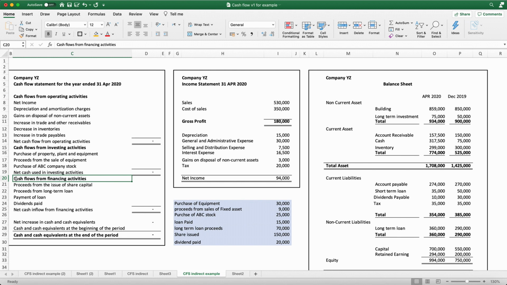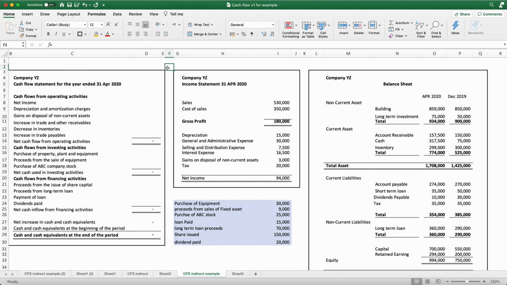We mentioned before that the difference between the indirect method and direct method is cash flow from operating activities, while investing and financing are the same in both methods. Both the balance sheet and income statement will help us fill the data related to operating activities, while the additional notes will help us fill the data related to investing and financing activities.